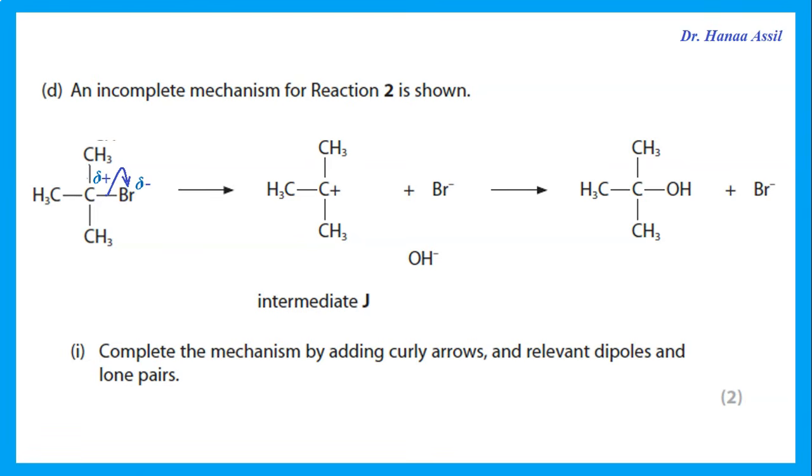That means I have the carbon lacking electrons, so now the carbon has a positive charge. This is called a carbocation, and the Br now has a negative charge. Then what happens? The lone pair of electrons on the oxygen attacks the positively charged carbon in order to attach the OH and form the alcohol. Are we familiar with this mechanism?